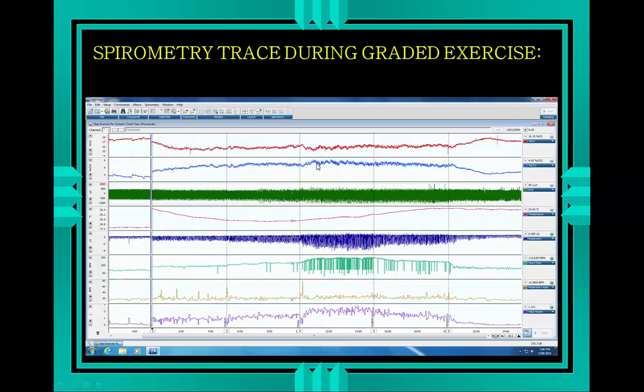What about CO2 and oxygen? Well, it looks as if CO2 increases immediately upon exercise. And it does, but don't forget this is the percentage of CO2 in expired gas, what you're breathing out.